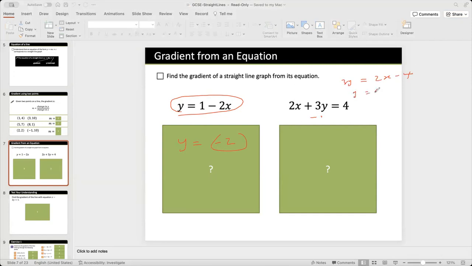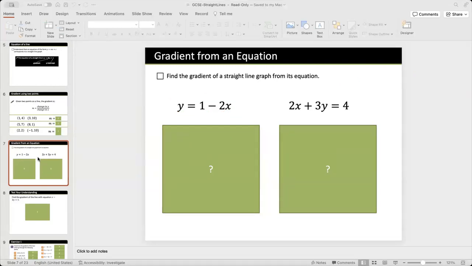Y equals 2 over 3 x minus 4 over 3. So that is much more straightforward. So it's a straightforward topic.